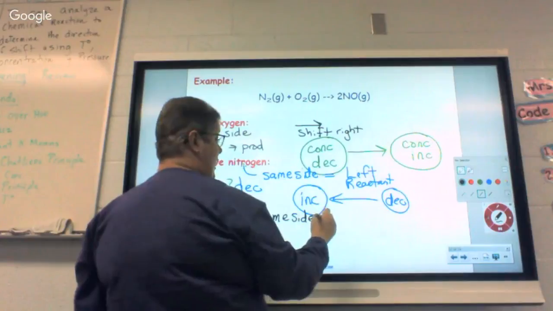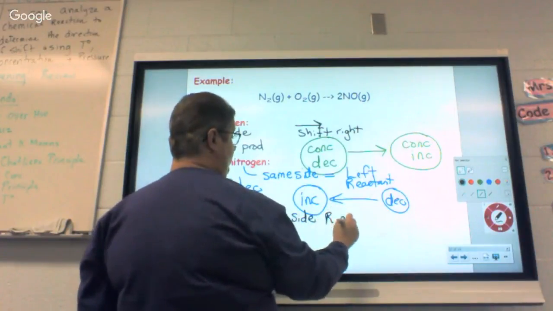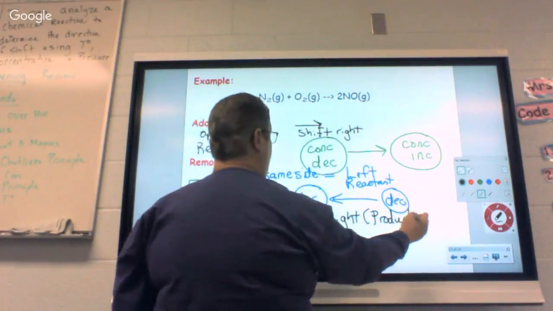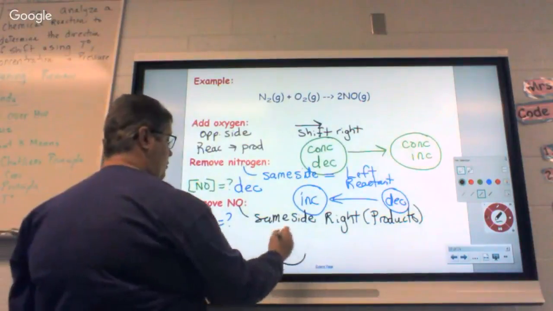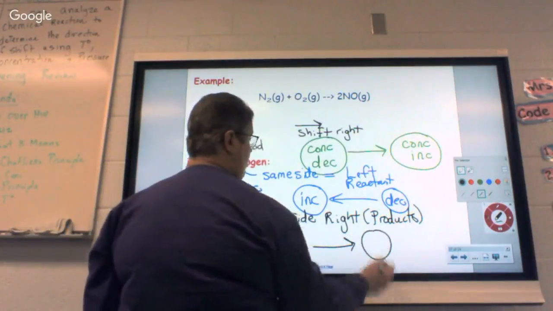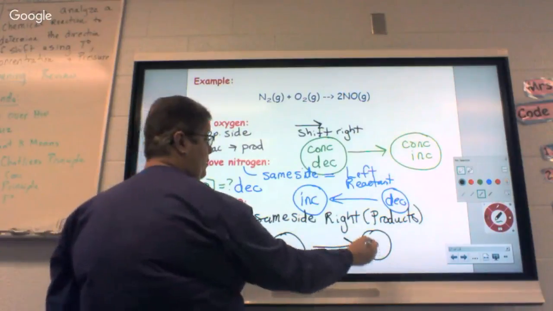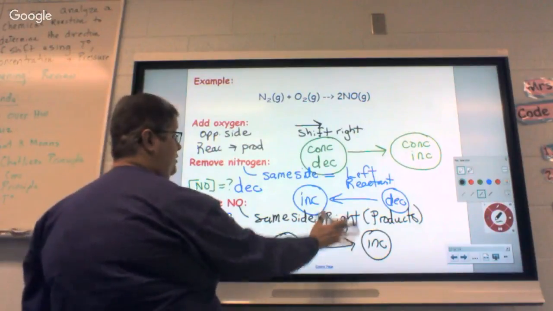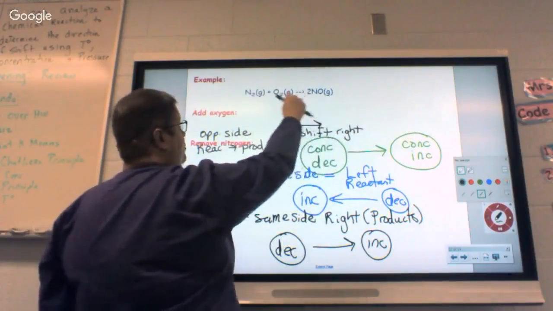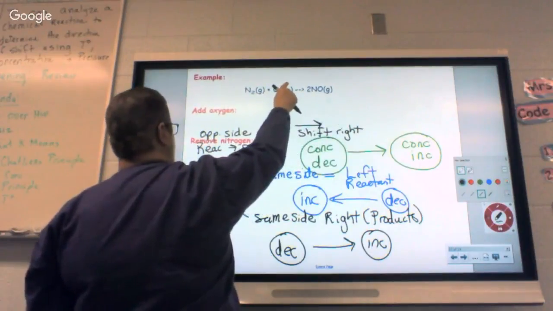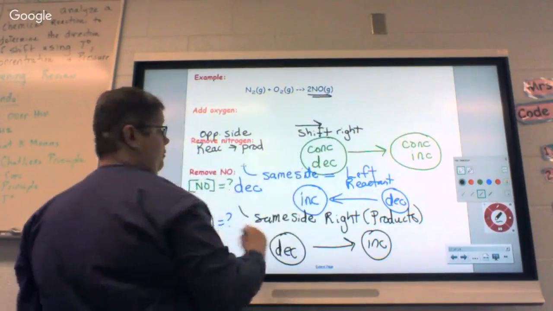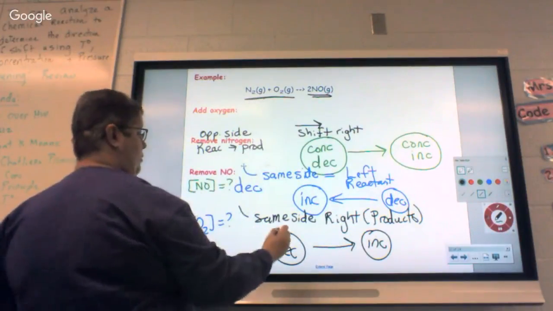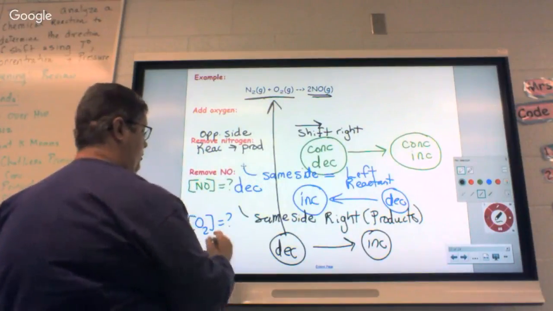So same side would be the right, or the product, which is exactly right. So if I shift to the product, what happens to the reaction? Superimpose this on top of the reaction. What happens to this side? So O2 is where? It decreases.